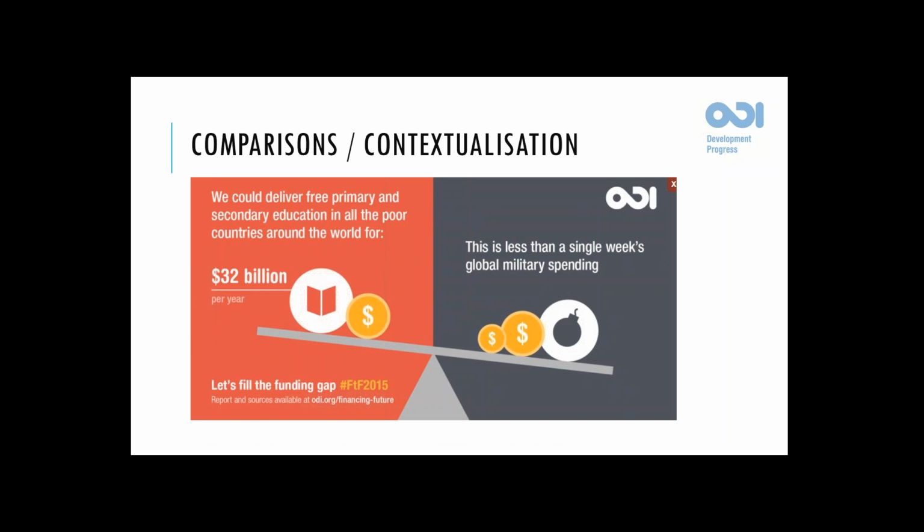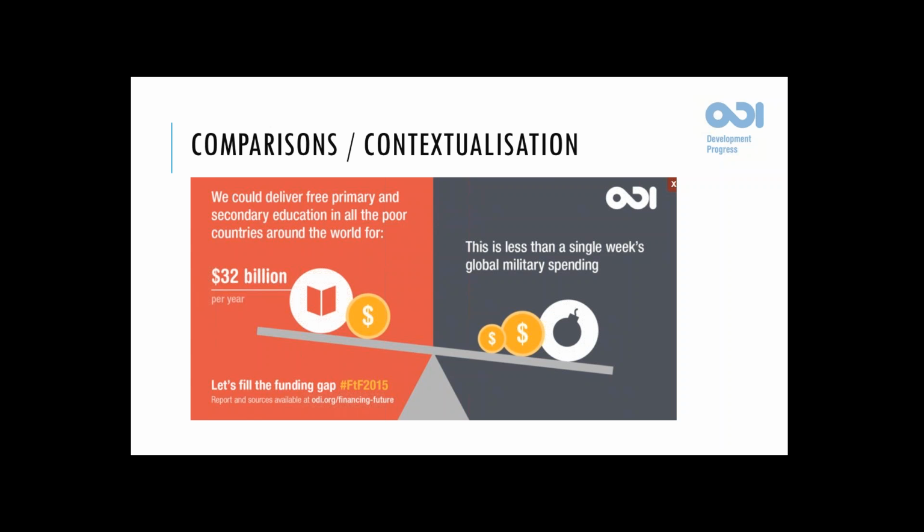The third example, an infographic to show a comparison or a contextualization. This was an infographic we produced for a report that just came out looking at development finance, and one of the findings of the report was on the amount that it would cost to deliver secondary education to all the world's developing countries.